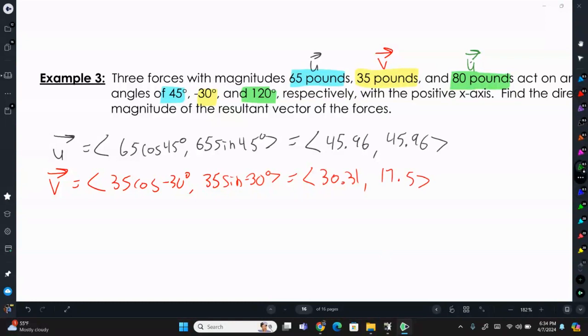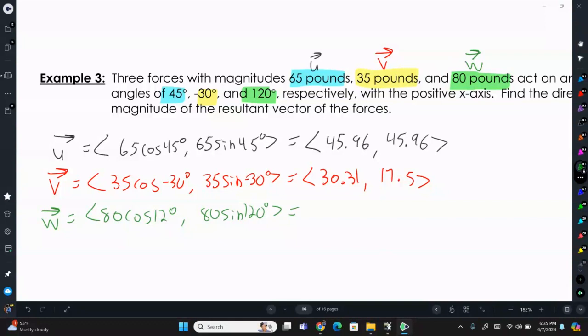And then our last one, oops, I did U twice. I want this to be W. W is going to be 80 times the cosine of 120 degrees, and 80 times the sine of 120 degrees. So what's happening in this problem is that it can be thought of as three people pushing this object in different directions with different forces.